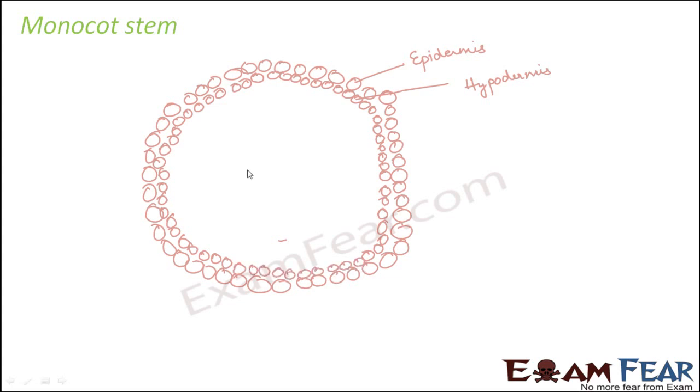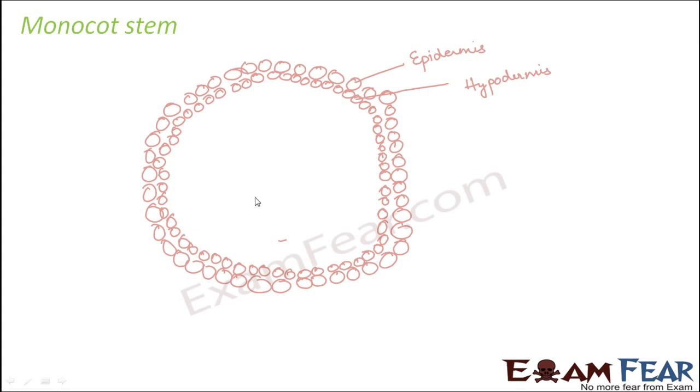Now after this hypodermis, what do we have? The next thing that we'll talk about is the vascular bundle. Here we will see that the vascular bundle is scattered all over. Like in case of root, you had one endodermis layer and inside that endodermis the vascular bundles were arranged. But here it is not like that.